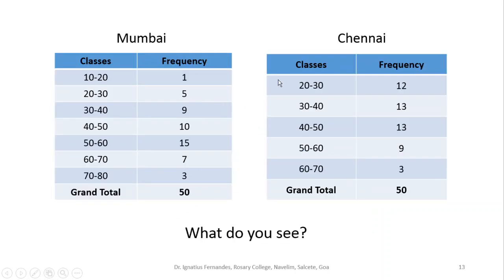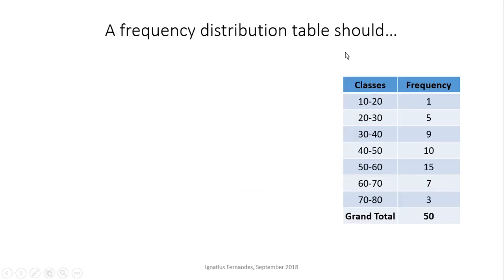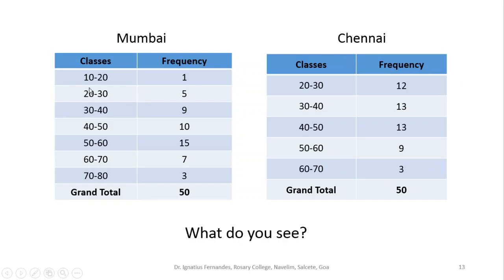Now, if I look at these two tables, we are in a better position to derive some information which we were not able to get when we looked at the raw data. In this case, you compare Mumbai with Chennai. For 10 to 20 there is one restaurant, whereas for Chennai, 20 to 30 there are 12 restaurants, as compared to Mumbai, where 20 to 30 has only 5. For 30 to 40, Mumbai has 9 restaurants, whereas Chennai has 13.